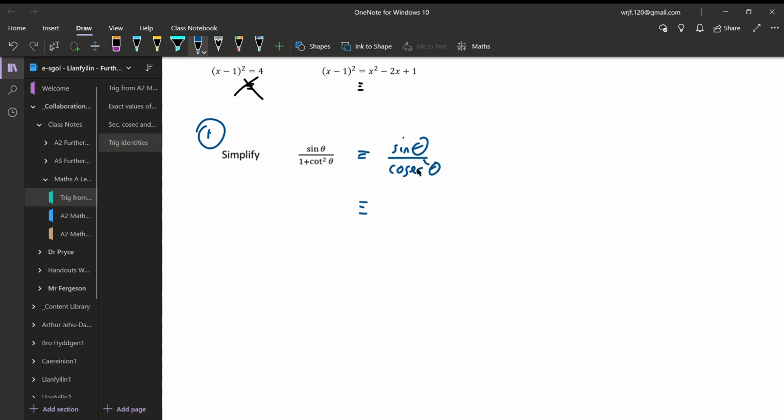I'm dividing by a fraction, so I'm multiplying by its reciprocal. The reciprocal of cosec is sine. So instead of dividing by cosec squared theta, we're taking the sine theta on the top and multiplying it by sine squared theta. And so I can simplify that to a final answer of just sine cubed theta.